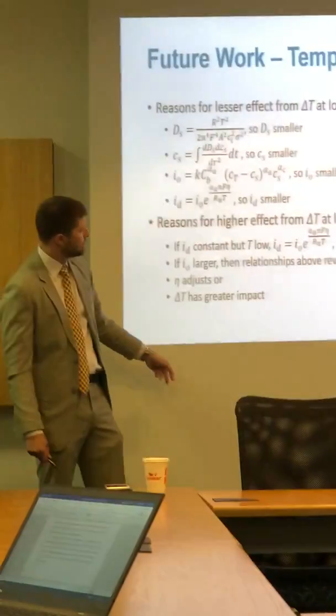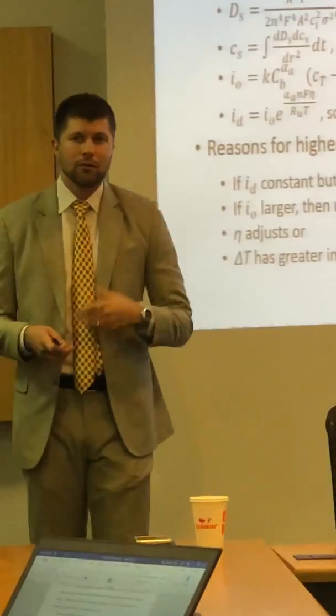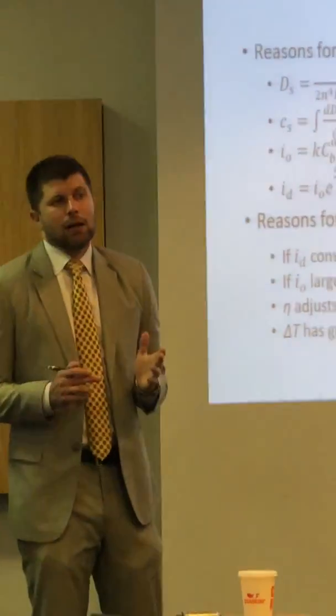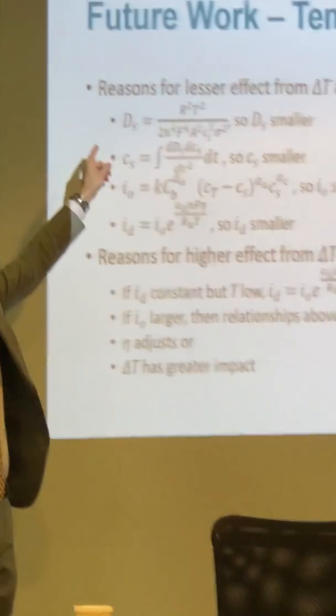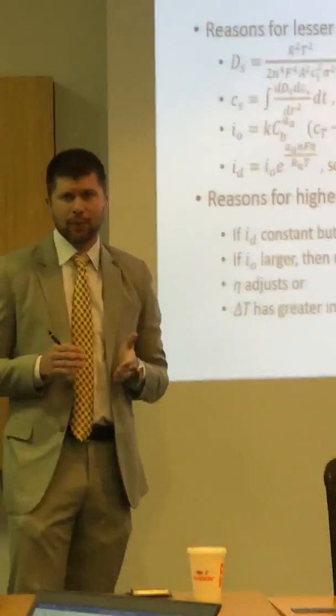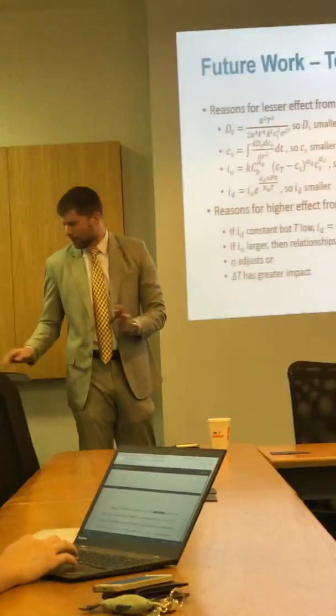Maybe the open circuit voltage potential adjusts. Or maybe the delta T has a greater impact on the cell's performance and T changes faster. Again, I tend to think it's going to be the first scenario, but until we have some experimental data telling us, I don't want to postulate.